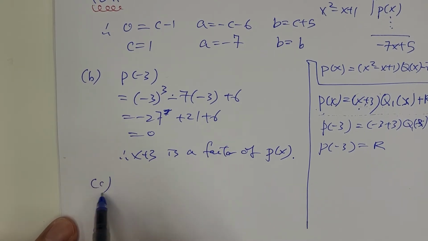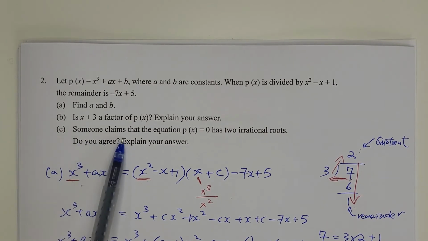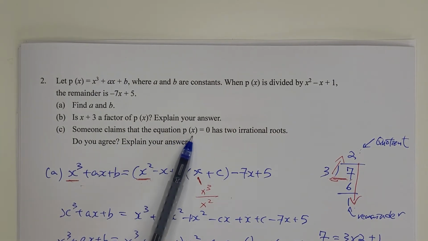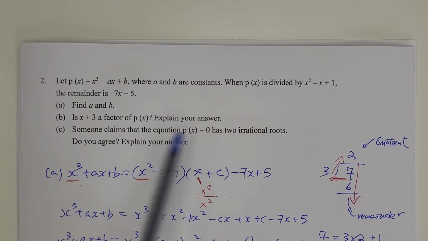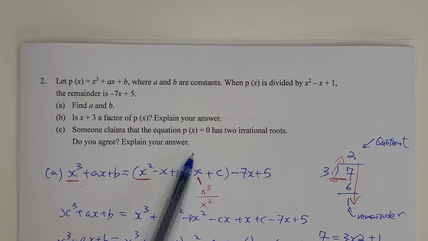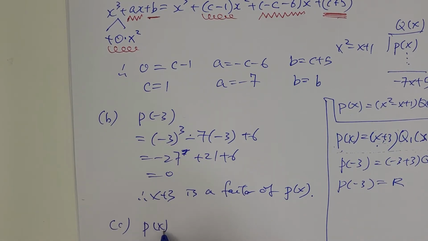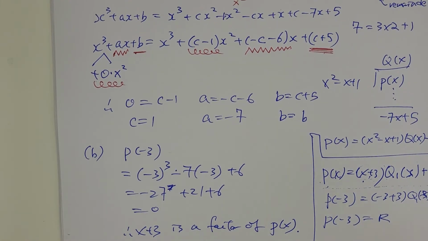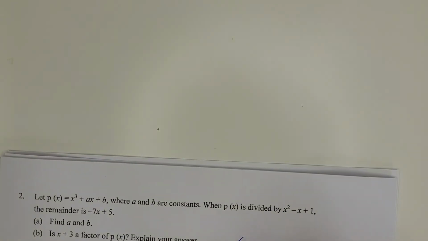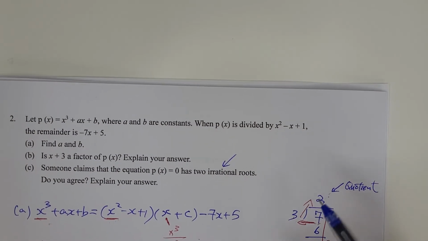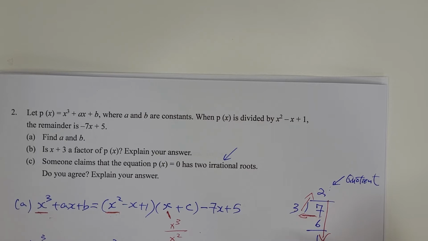And go to part C, look at the question. Someone claims that the equation P(x) equals 0 has two irrational roots. Do you agree? Explain your answer. Of course, we can try to solve the equation directly and see what the roots are. But we need to look at the meaning of an irrational number. Some numbers cannot become a fraction.